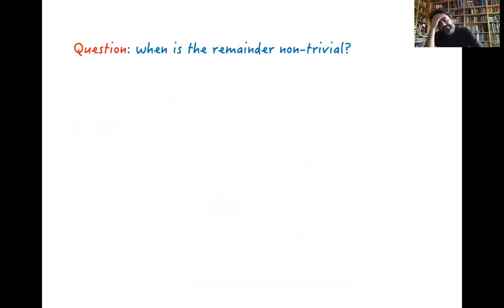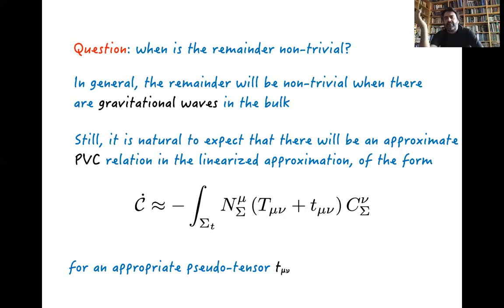Now, to end, I should say when the remainder is non-trivial, that is, when you cannot get rid of the remainder. You cannot get rid of it in general whenever you have gravity waves. When you have gravity waves in the bulk, then the spacetime will have a Weyl tensor, so the spacetime itself will not be conformal to anything very symmetric.